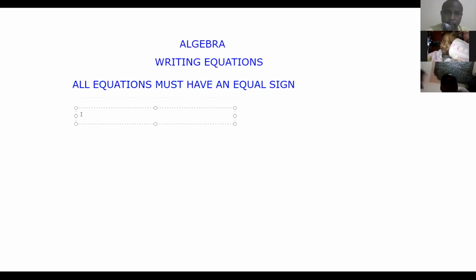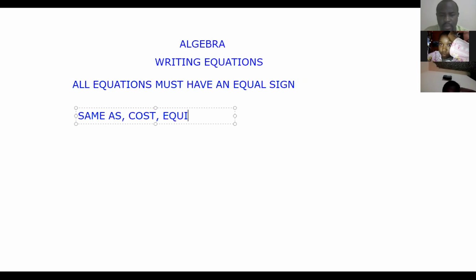All right. First one, same as. That means the same thing as equal. Cost means the same thing as equal in mathematics. Equivalent means the same thing as equal. Anybody have any other words?